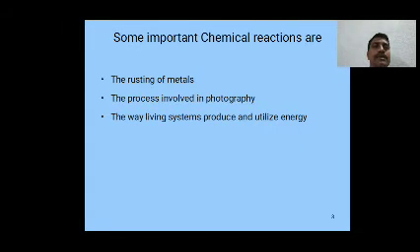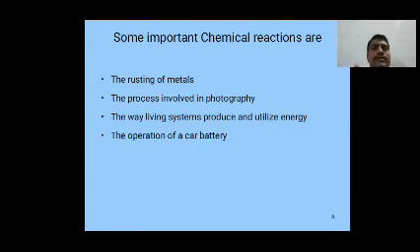Another is the way living systems produce and utilize energy. When food is taken, this food changes to energy by chemical reactions.